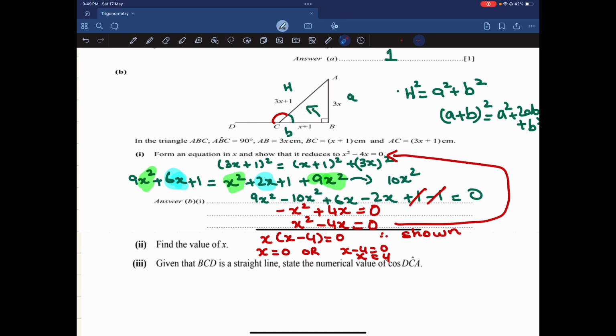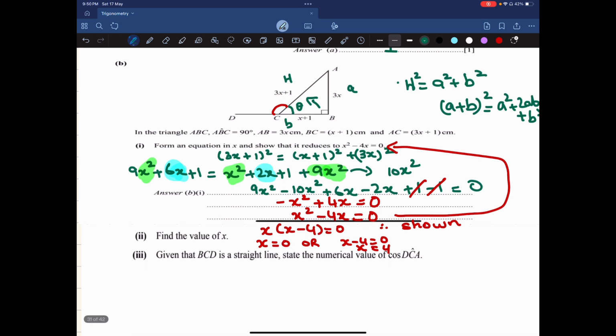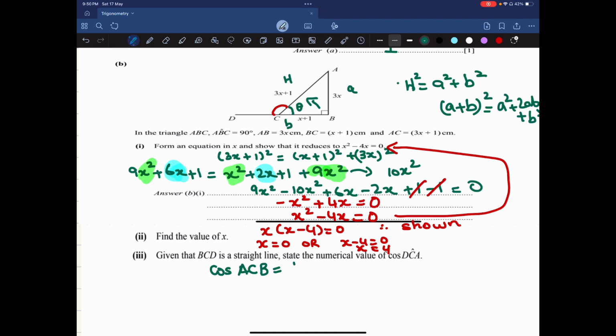So let's first find the cos of, let's label it theta. Okay, so what is the cos of ACB? Cos of ACB is going to be B over H.